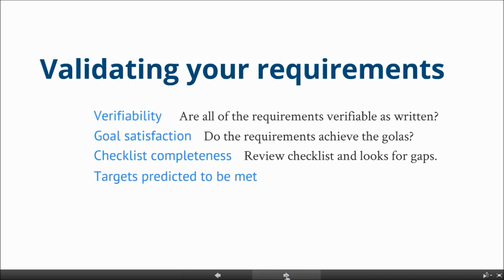Targets predicted to be met. So here's an area, we've talked about it a little bit, and this is related to the goal. So when you know that you're going to be building something, a lot of times, especially if it's kind of new territory, you'll build a model, or you'll do a development spike, or you'll create simulations.